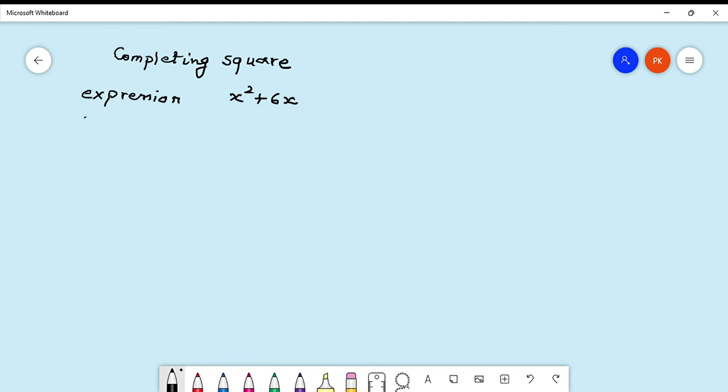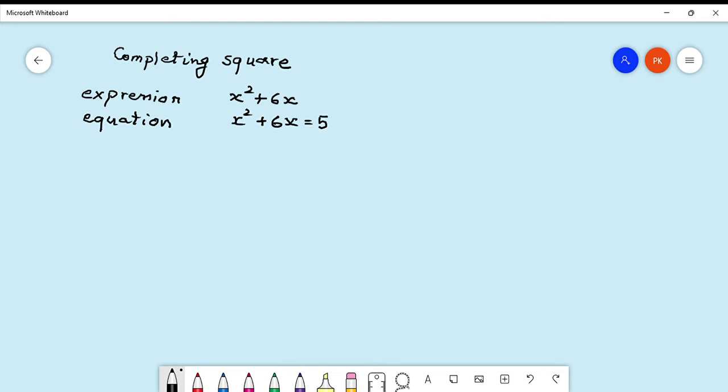Then what is an equation? So suppose I write like this, x square plus 6x is equal to 5. That means I am showing a result. x square plus 6x is equal to what? Then it becomes an equation.